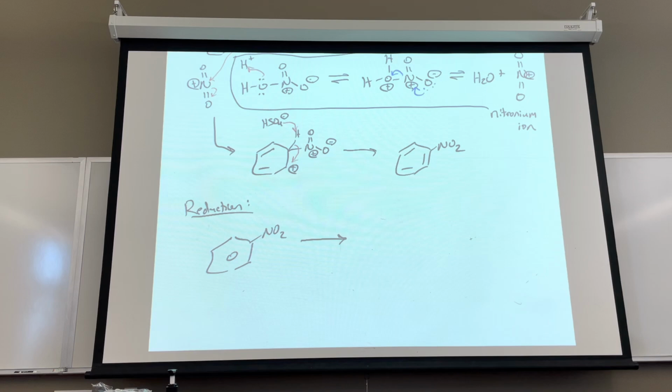You can treat it with, say, LAH, lithium aluminum hydride, or you can use catalytic hydrogenation, or you could use a transition metal in acid, so something like tin or iron in HCl.